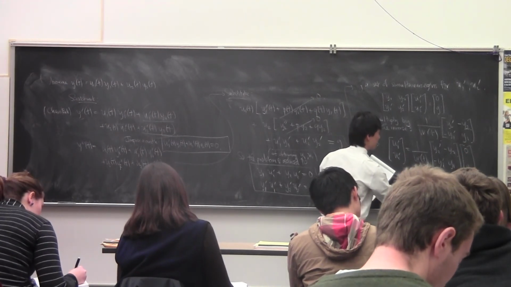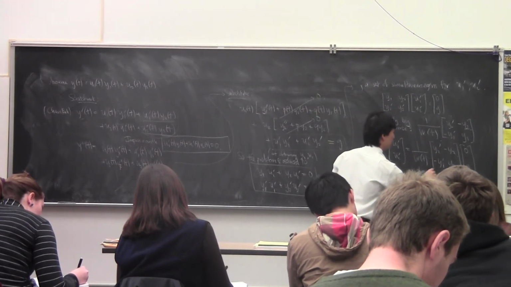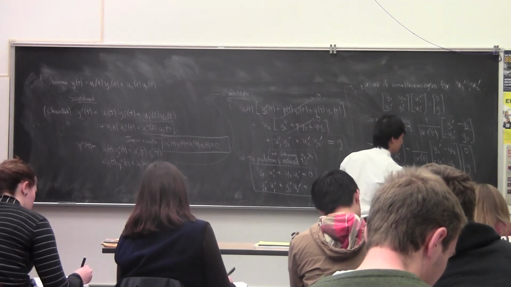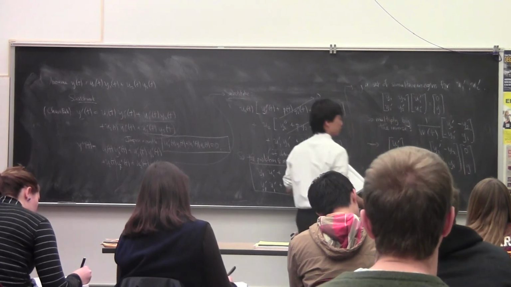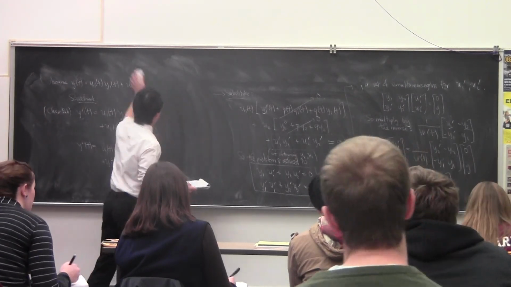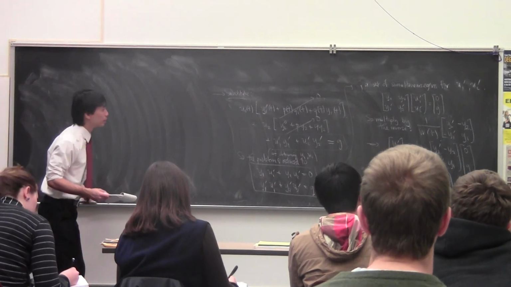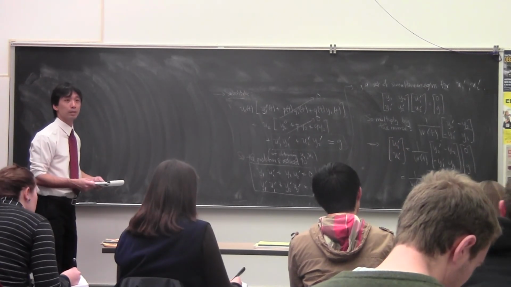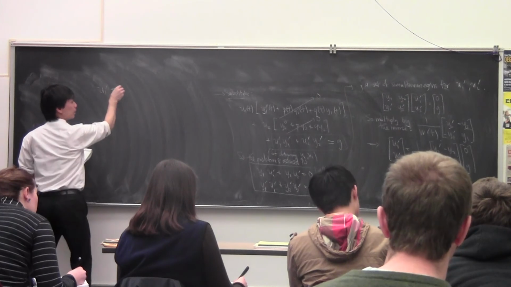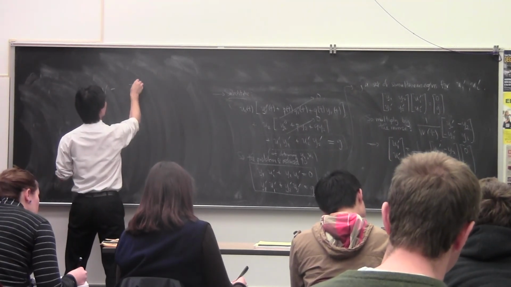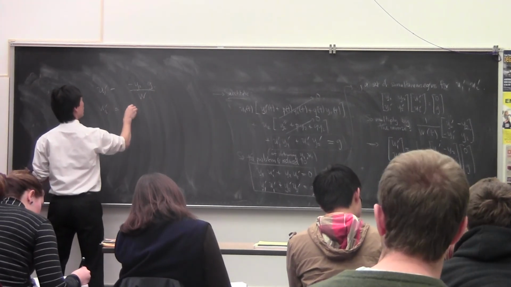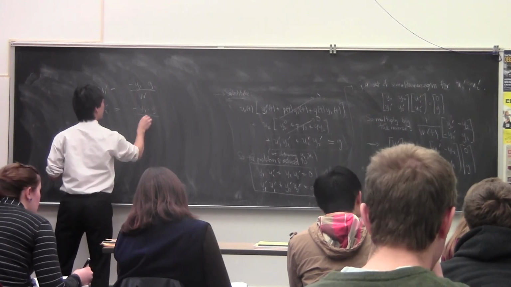In other words, it is 1 over the Wronskian times negative y2 g, y1 g. So u1' is negative y2 g over the Wronskian. u2' is y1 g over the Wronskian.